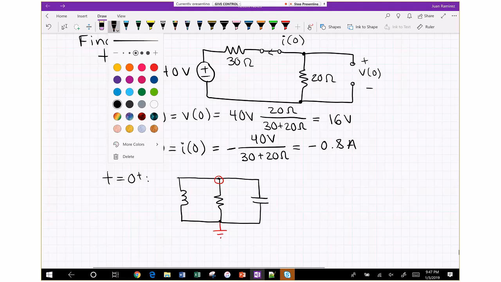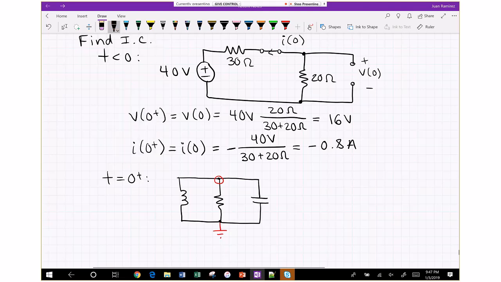Alright, and you'll probably notice a trend that with the series RLC circuits, for the initial condition of rate of change of inductor current after transition, we would typically do KVL to find that.